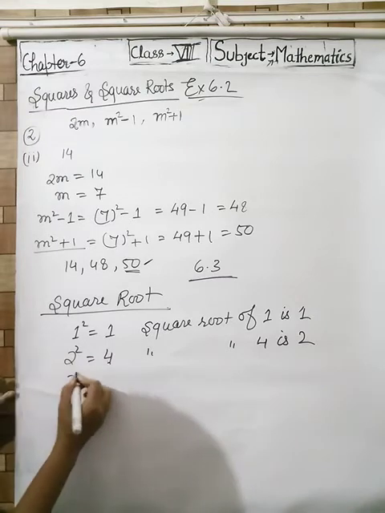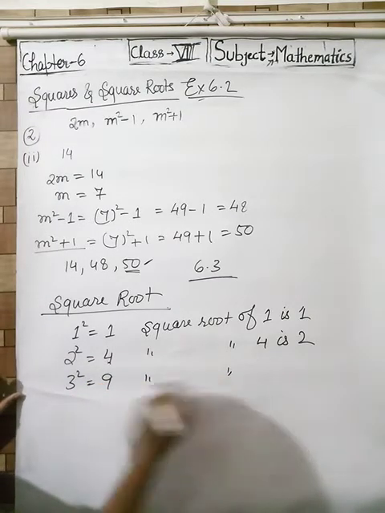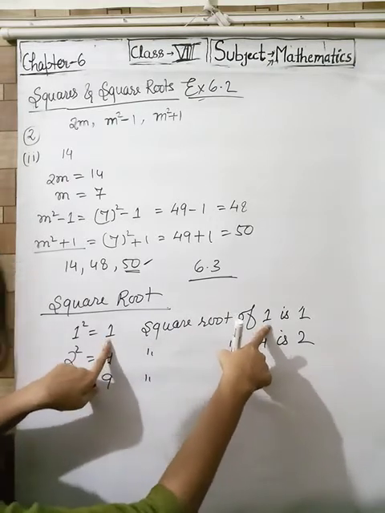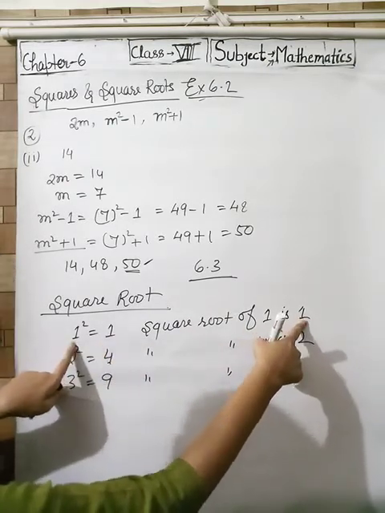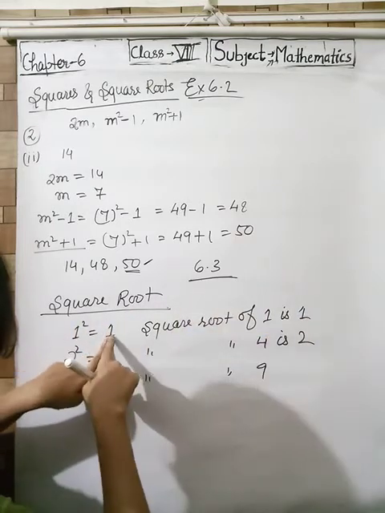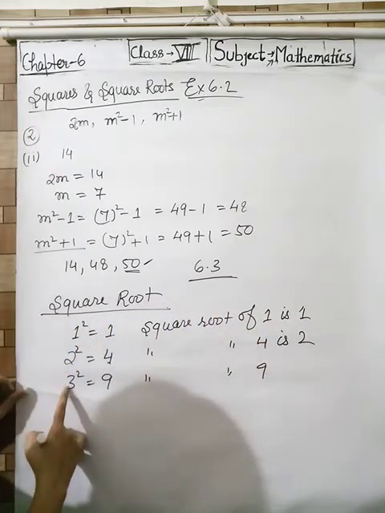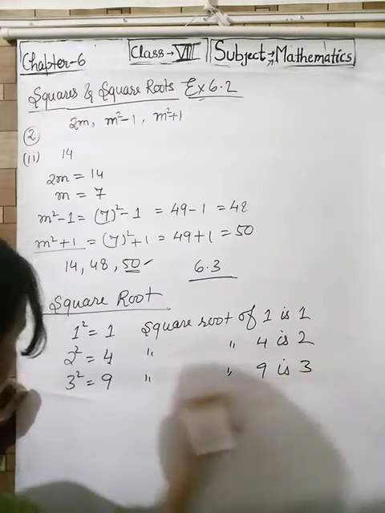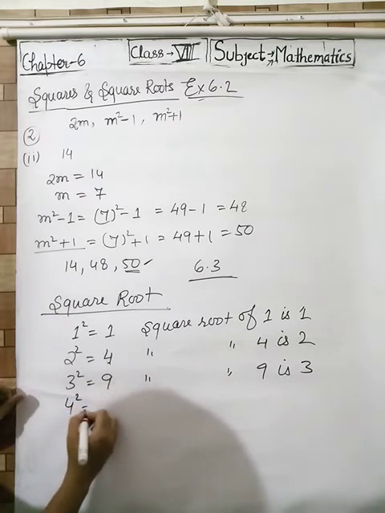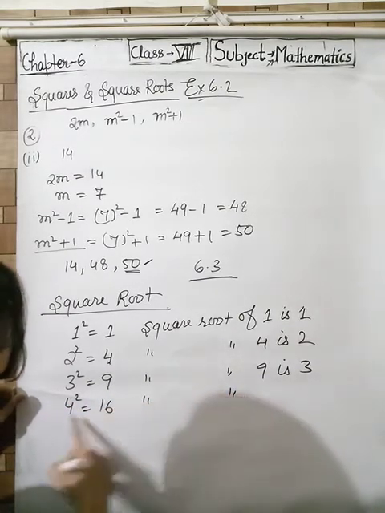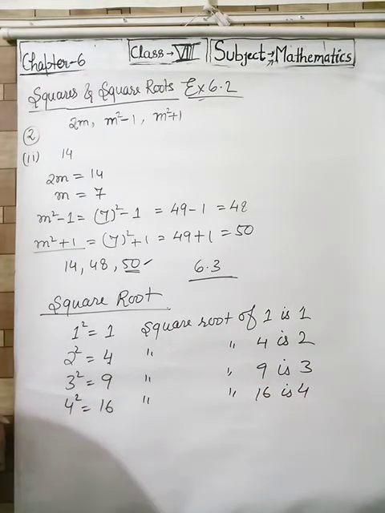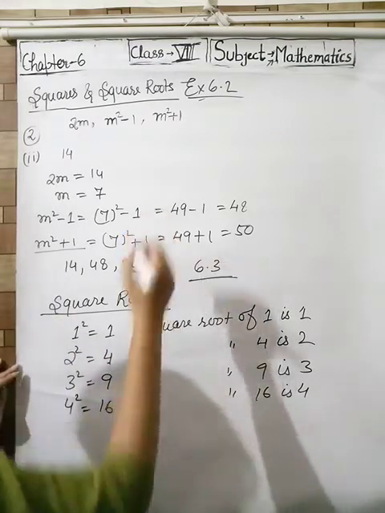Okay. 3 square is 9. Square of 3 is 9, that means square root of 9 is 3. Okay. 4 square is equal to 16. So square root of 16 is 4. Understand?